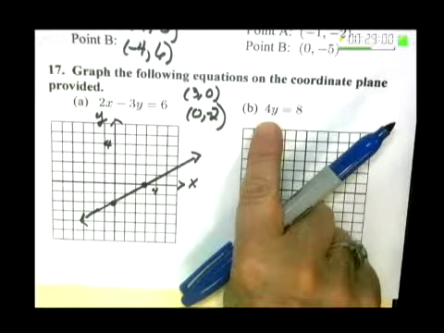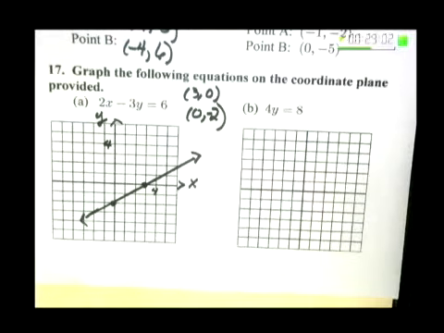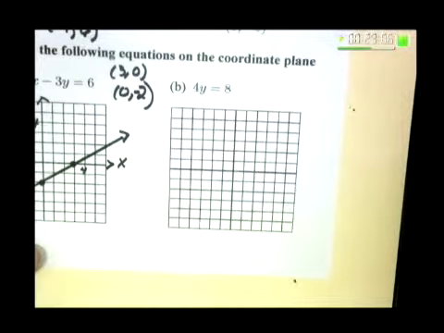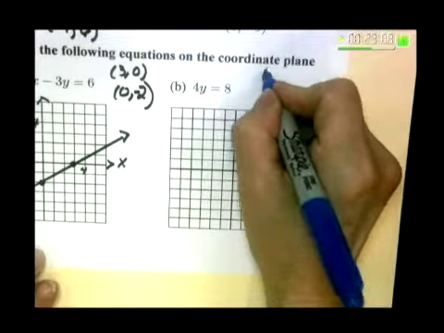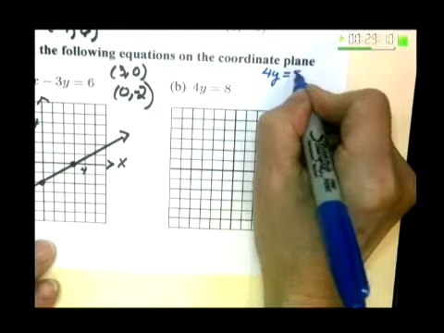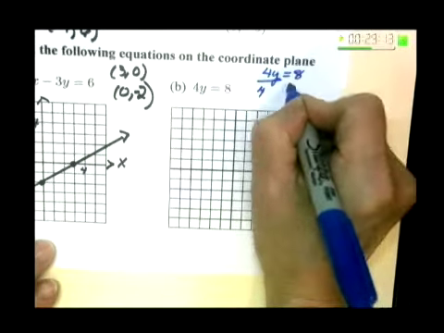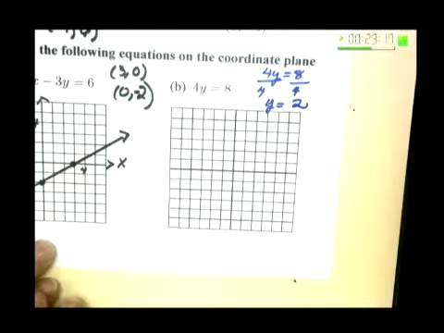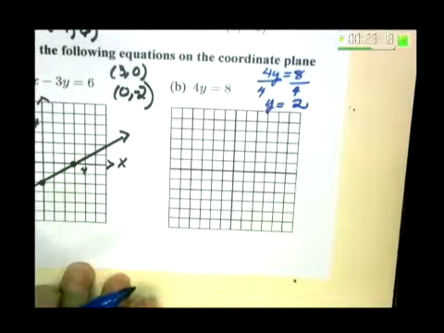So I want to solve for my variable. 4y equals 8, divide both sides of my equation by 4, and I get y is equal to 2.